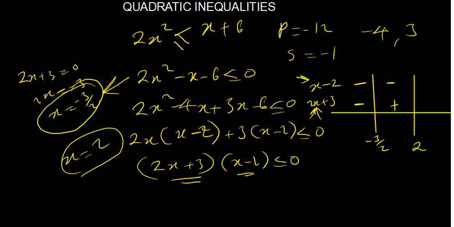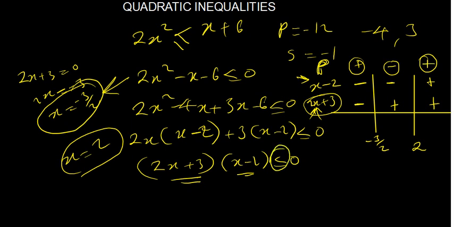We input 3 in this one, we are going to get a positive number. If we input 3 in x minus 2, we are going to get positive. Now we are interested in the product of the signs. Negative times negative, positive. Positive times negative, negative. Positive times positive, positive.